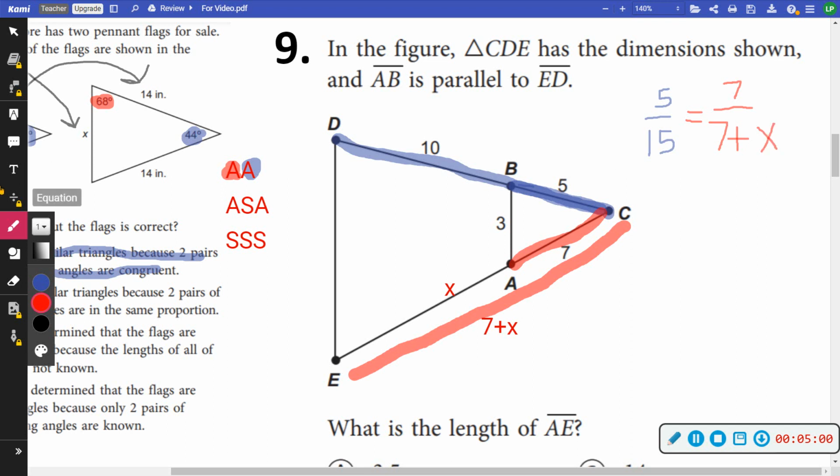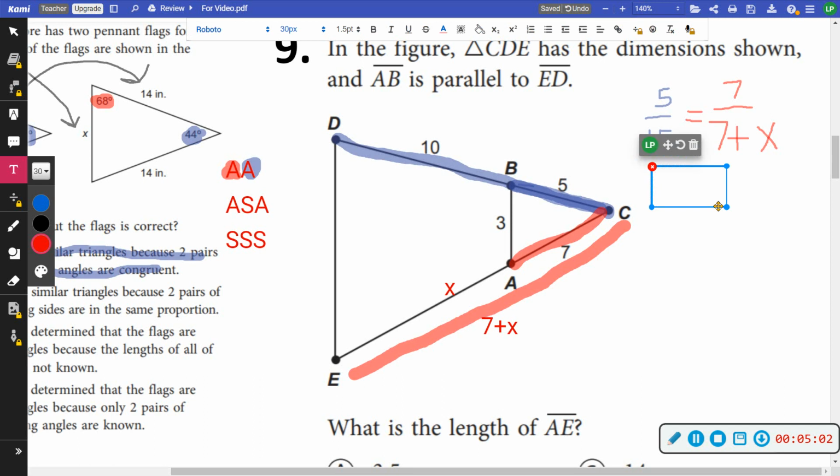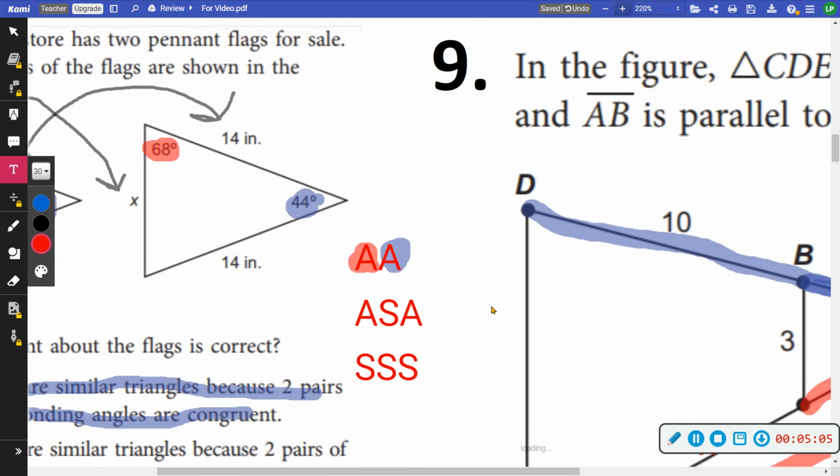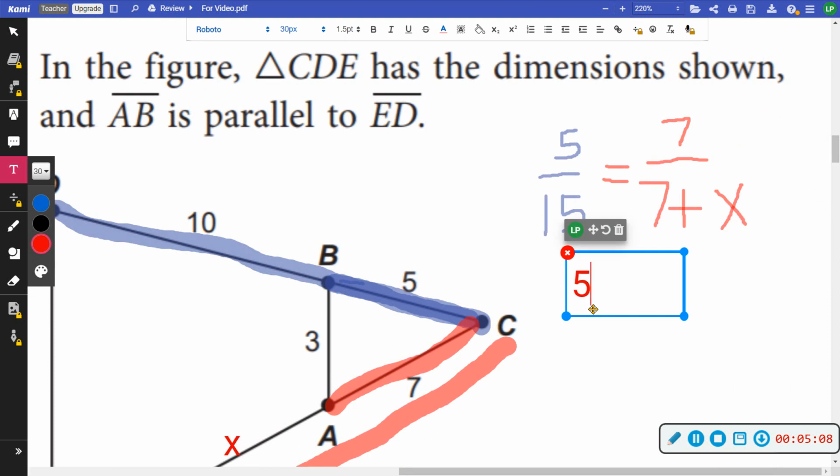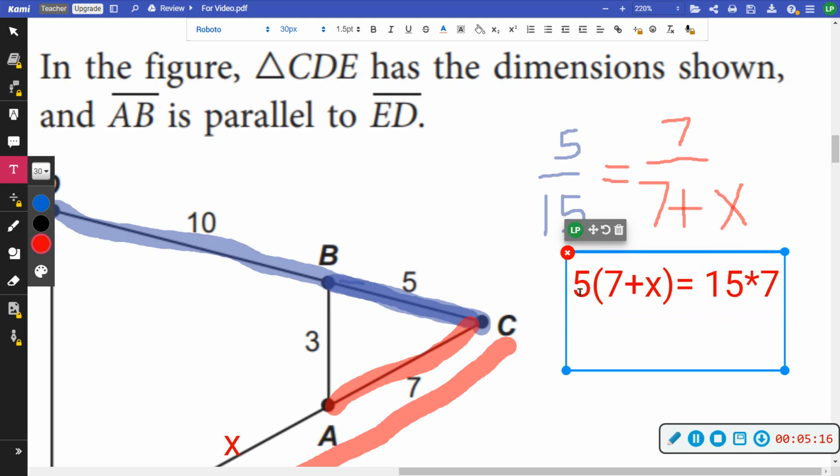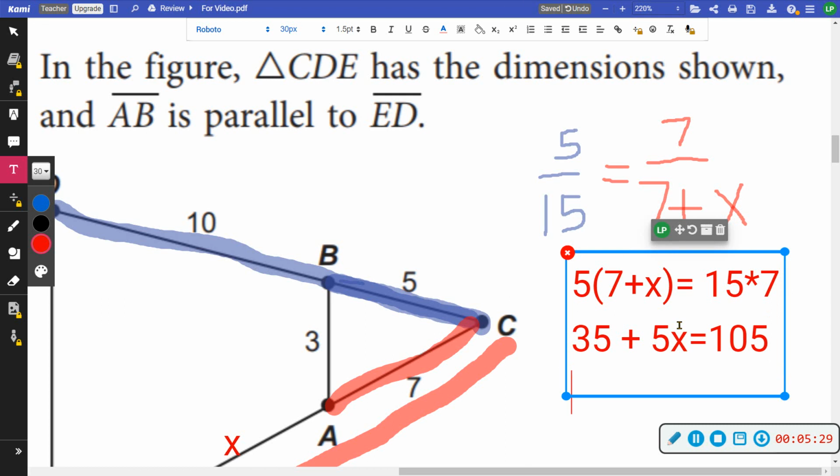Cross multiply, and I would have 5 times 7 plus x equals 15 times 7. Distribute the 5, that would be 35, and 5x. And 15 times 7 is 105. Subtract 35 from both sides. So 105 minus 35 is 70.